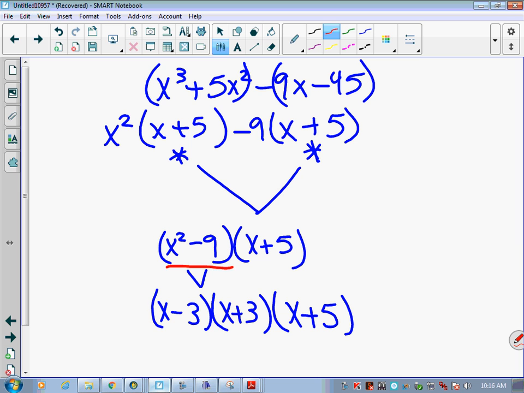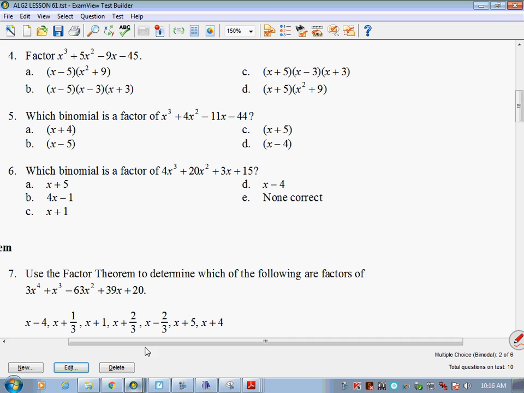Sometimes we can take that and go down and factor it down even further. Are we good there? What answer matches up with this? Not B, C. C, x plus 5, x minus 3, x plus 3.